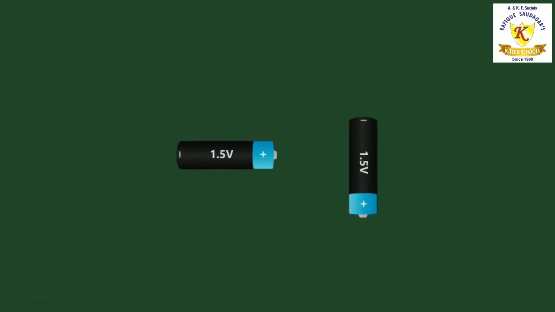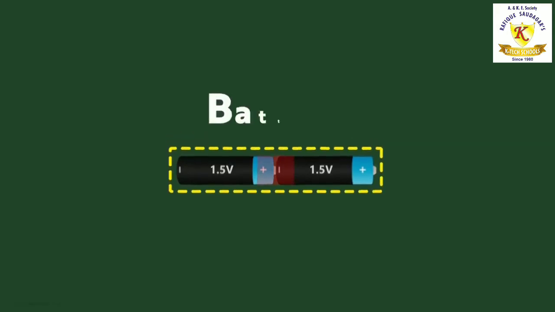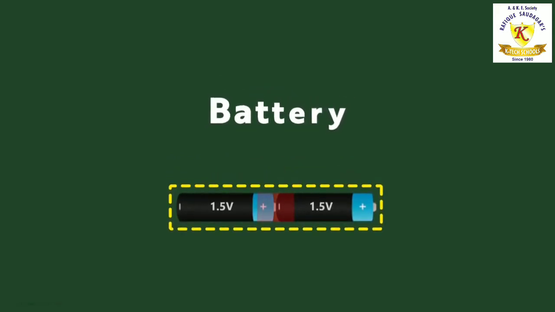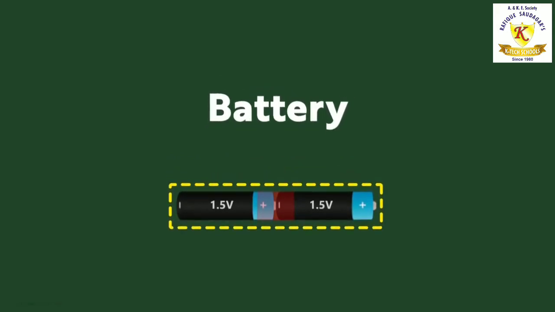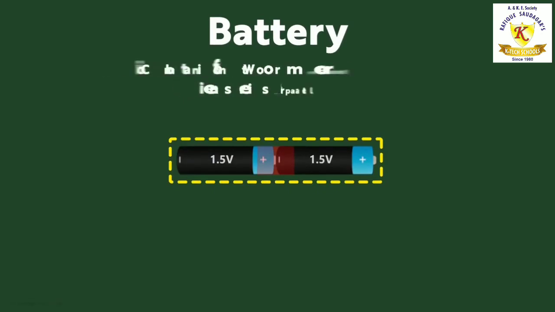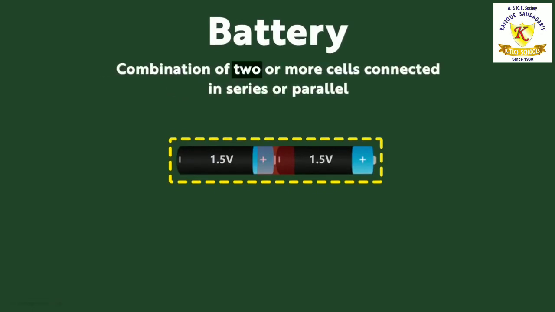Join the positive terminal of one cell to the negative terminal of the other using electrical tape. This is called a battery. A battery is a combination of two or more electric cells connected together in a series combination or a parallel combination.